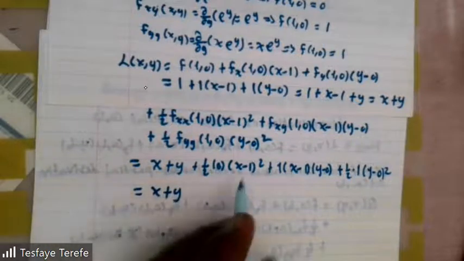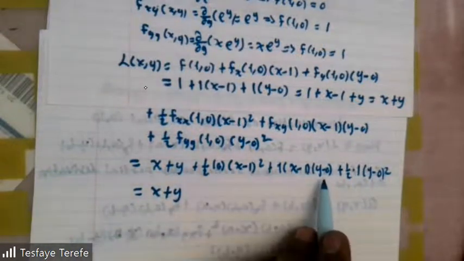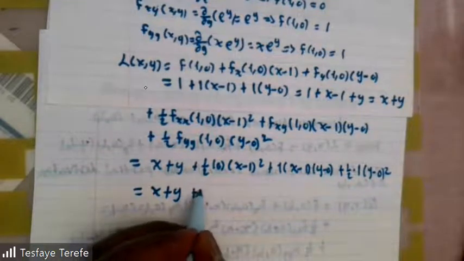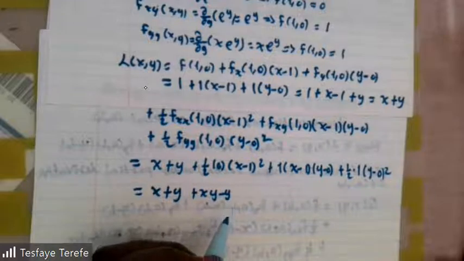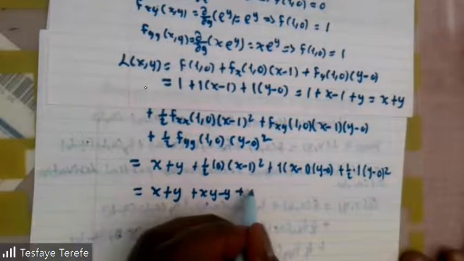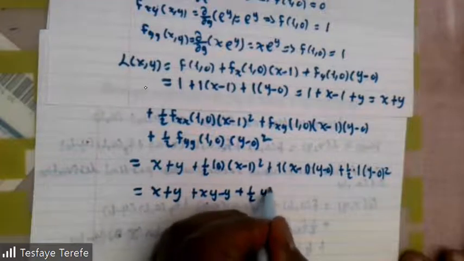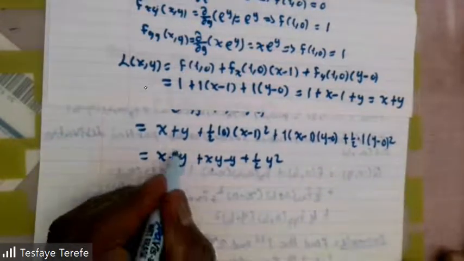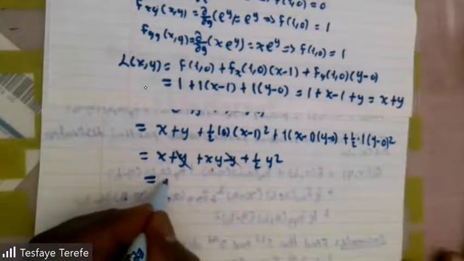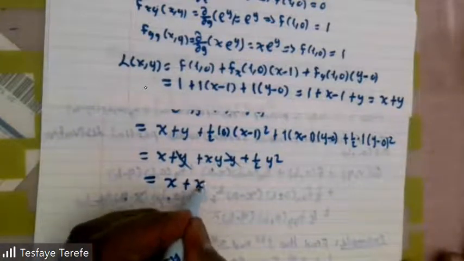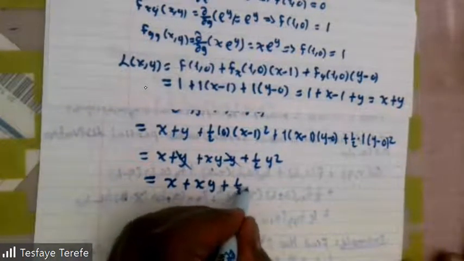Okay, so I have x plus y, and this term is 0, and this is going to be xy minus y, and plus 1/2 y squared. So y and y will be cancelled, and this will be x plus xy plus 1/2 y squared, which is the quadratic approximation.